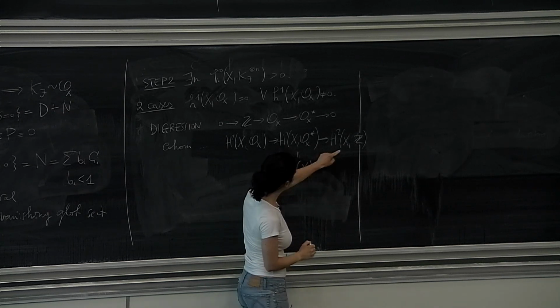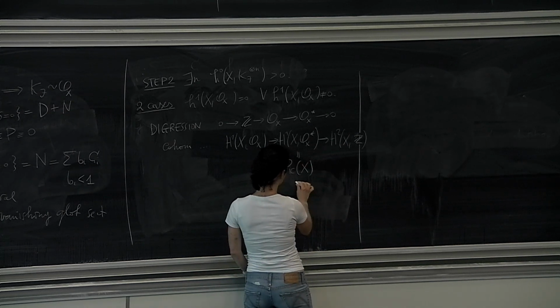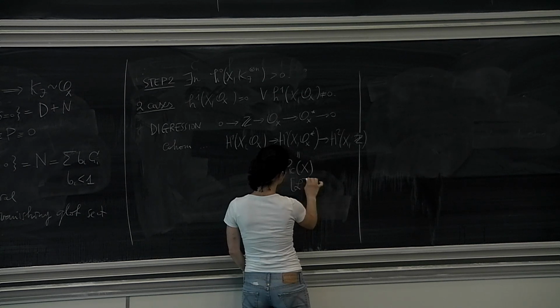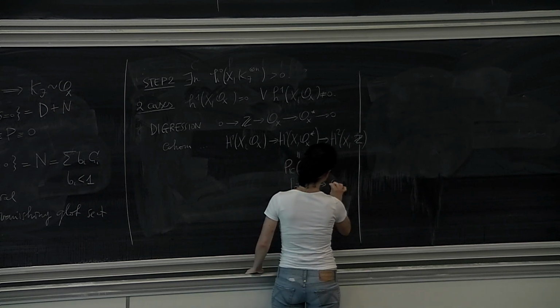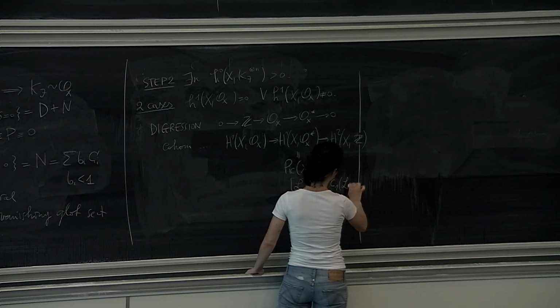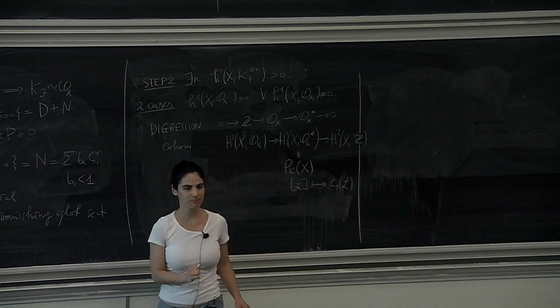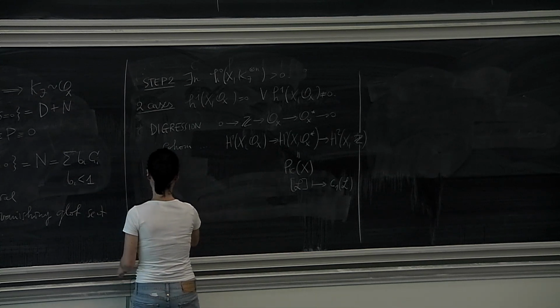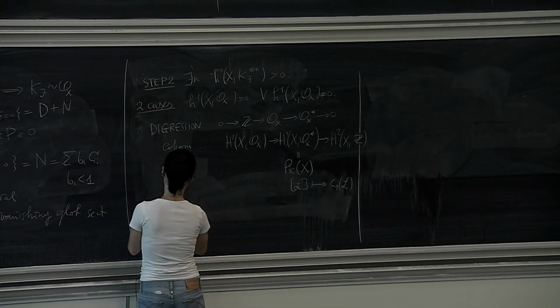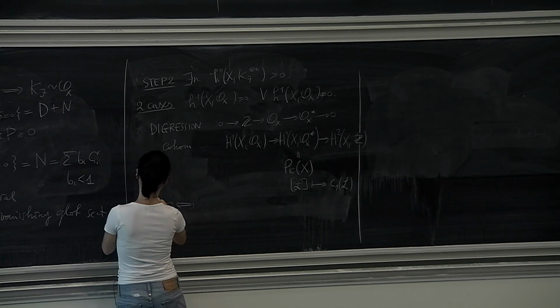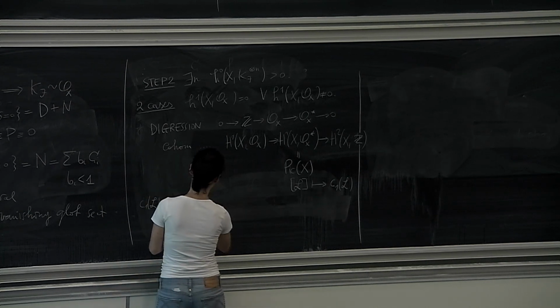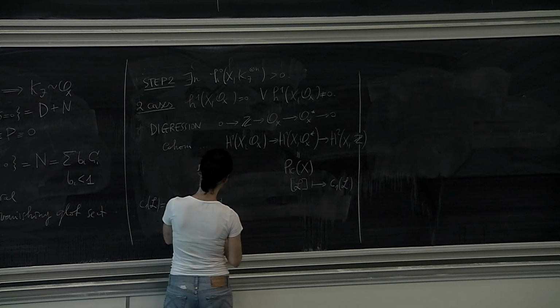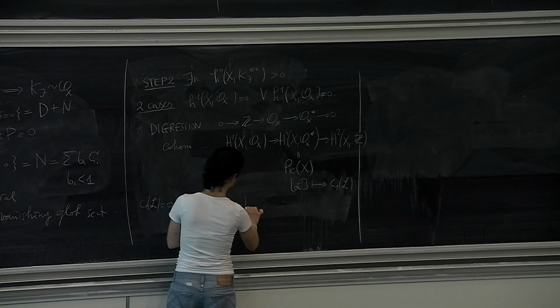And this arrow is one that to a line bundle, an isomorphism class of a line bundle, associates its first Chern class. And the first Chern class is 0 if and only if, sorry, C1 of L is 0 if and only if the intersection product of L with C is 0 for every curve.